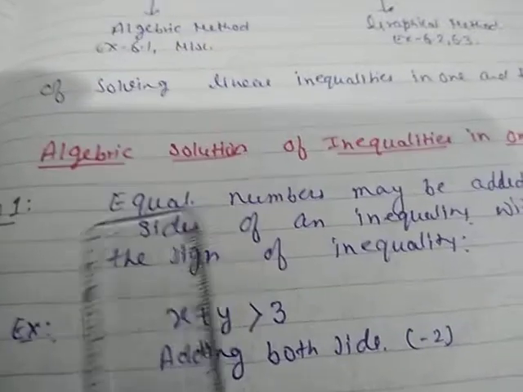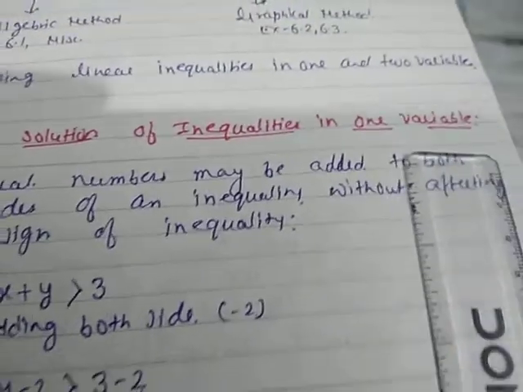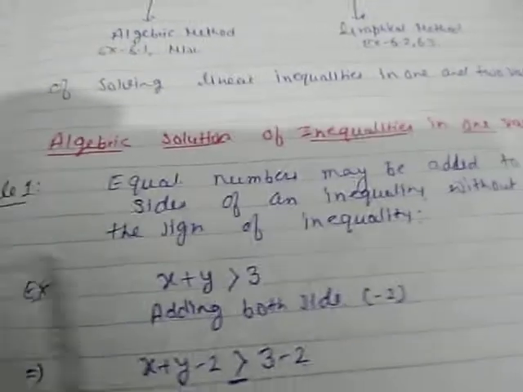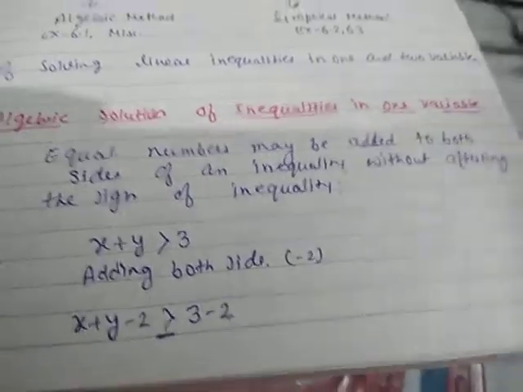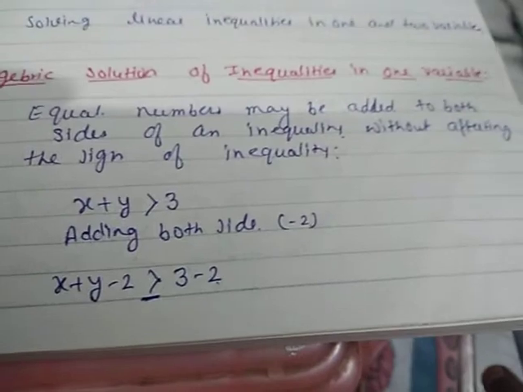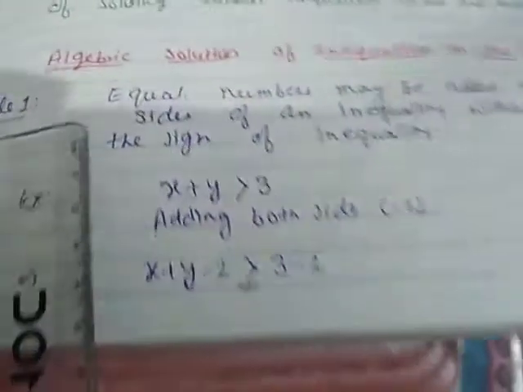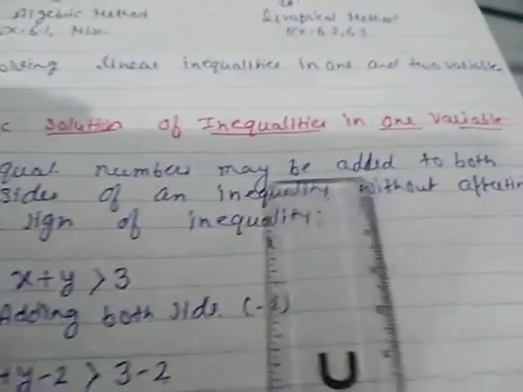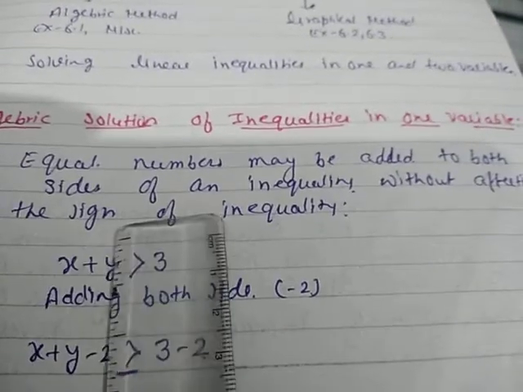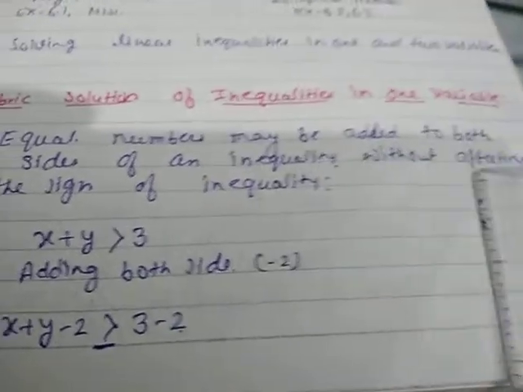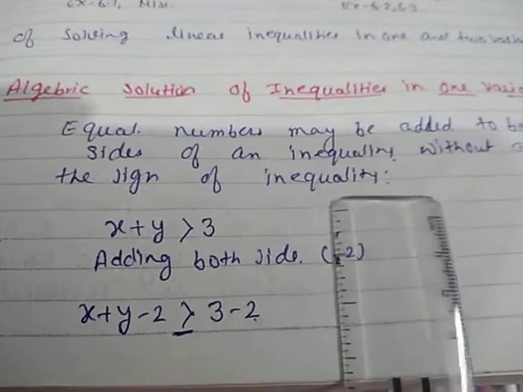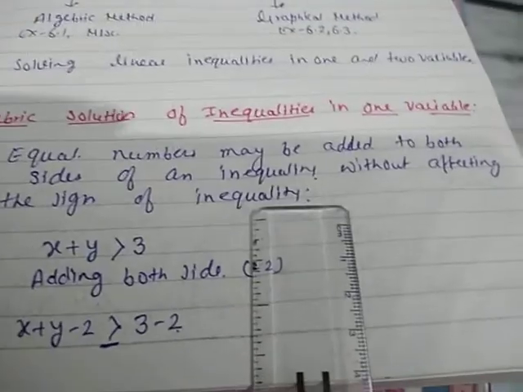Now algebraic solution of inequalities in one variable. There are 4 rules to solve the algebraic inequalities. The rule number 1 is equal numbers may be added to both the sides of an inequality without affecting the sign of inequality. What does it mean?